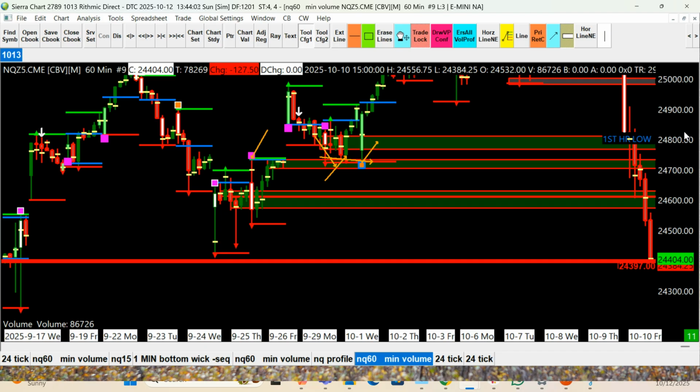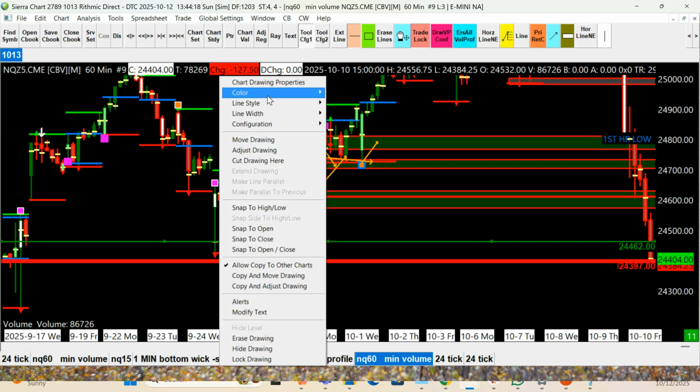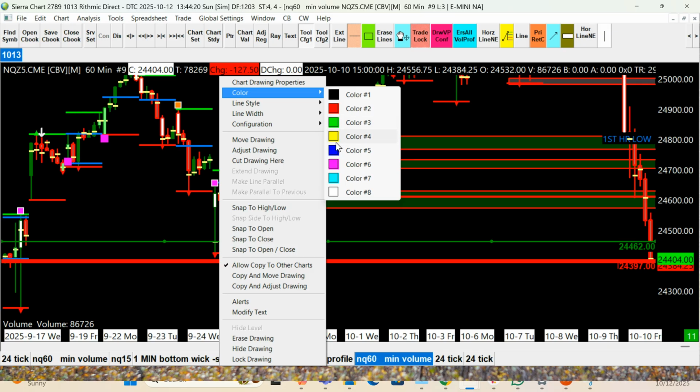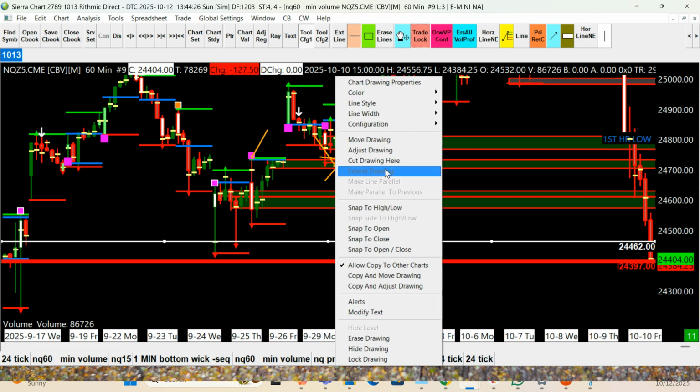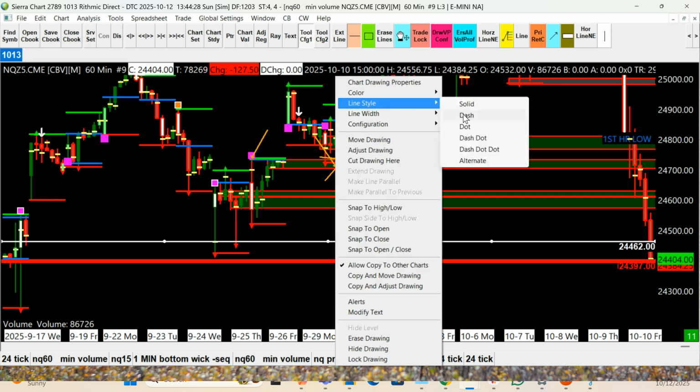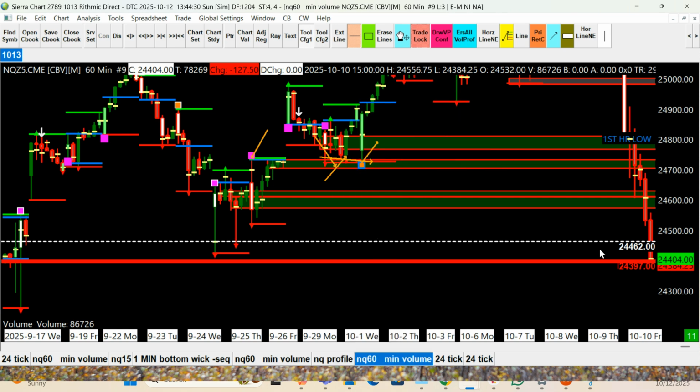So when you look at that, there's two critical areas in here that I would lay out, and that would be this very specific level, which would be very important. So I'm going to make that, I don't know what color to make that. That's going to be white and dashed. Like that. Very important.